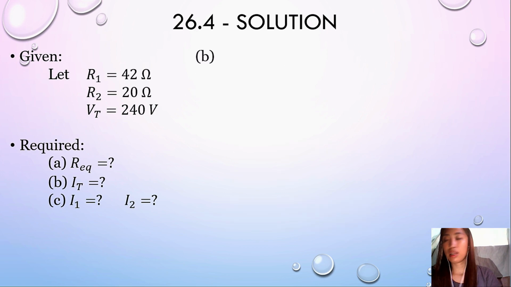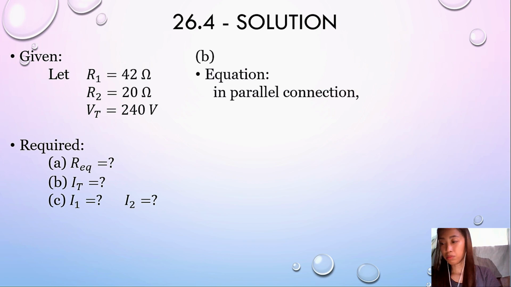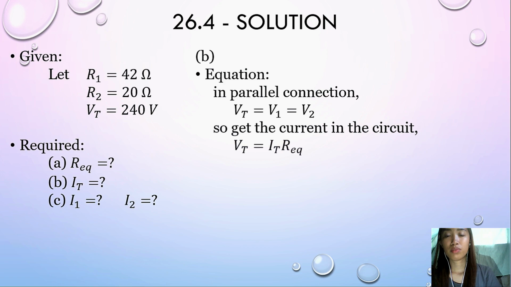To find the current in a parallel combination, the potential difference V across each resistor connected in parallel is the same for every resistor and equals the potential difference across the combination. And we can use the value of the voltage to find the current across the combination by using Ohm's law.